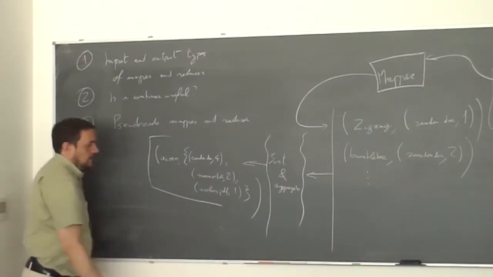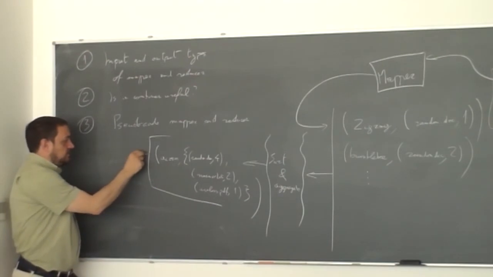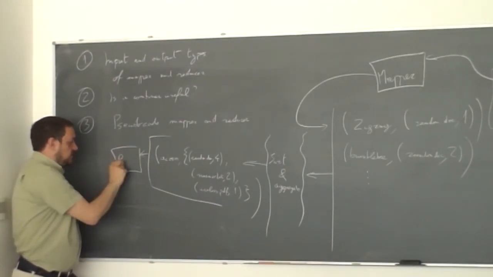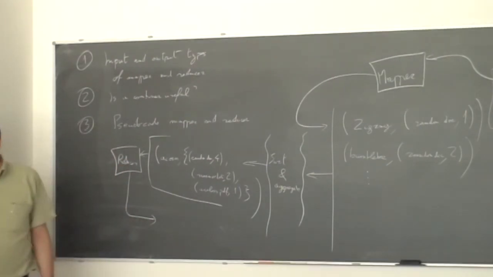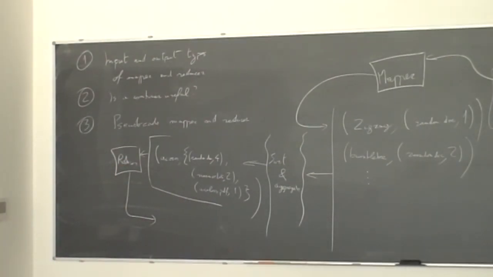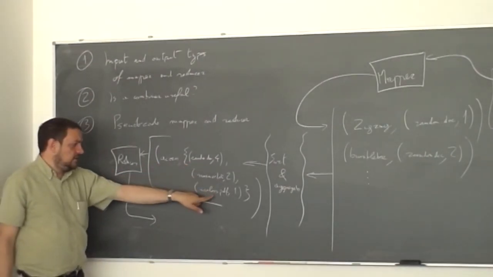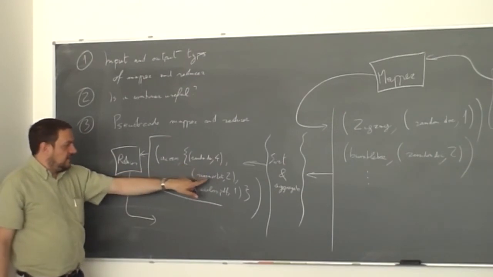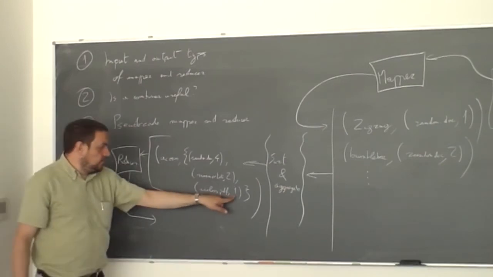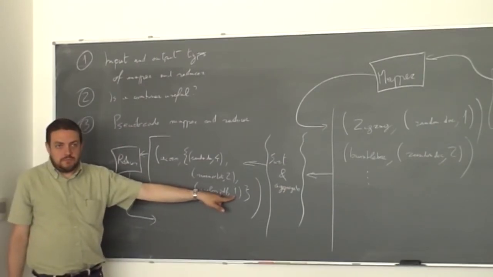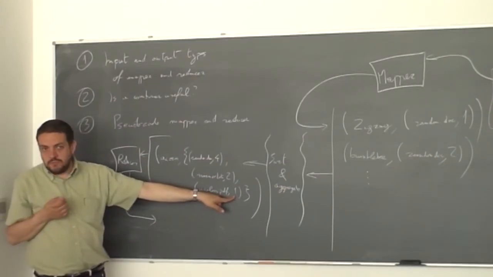This is provided as an input to a reducer. What is the reducer going to output? The reducer should look at these values and only output the one corresponding to the smallest position, the earliest position.